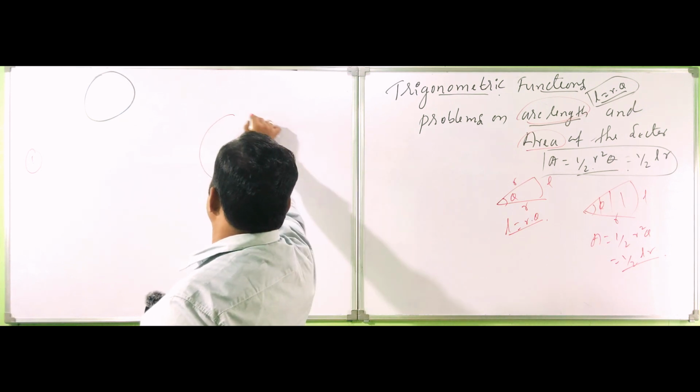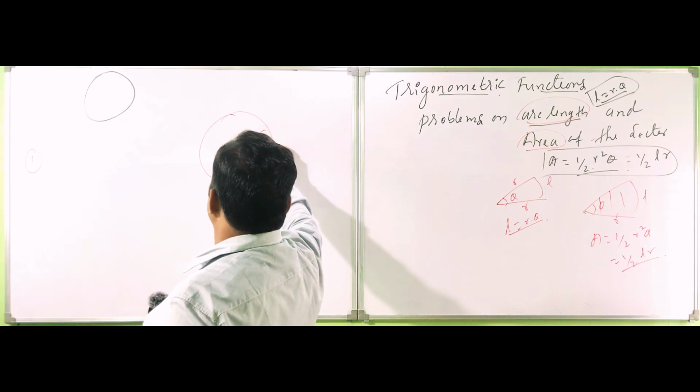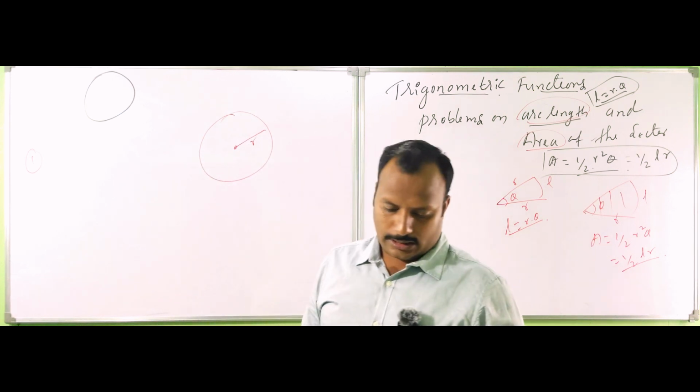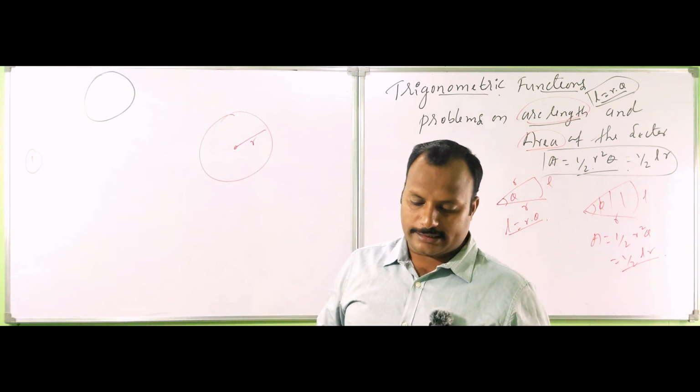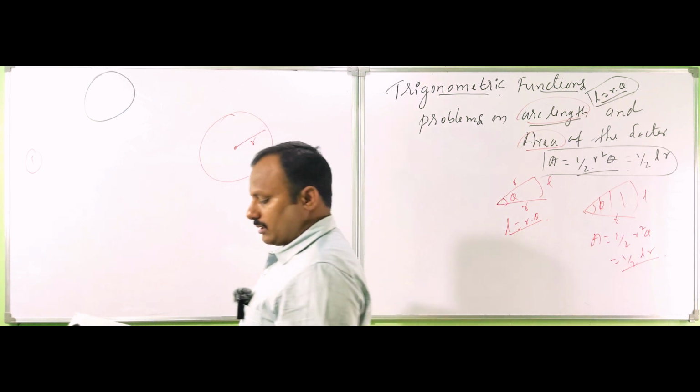The given condition is a central angle of 60 degrees intercepts an arc.